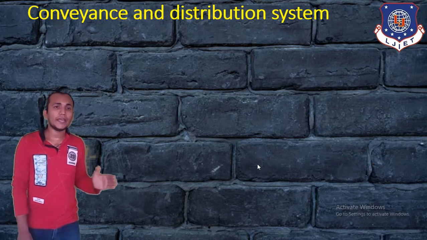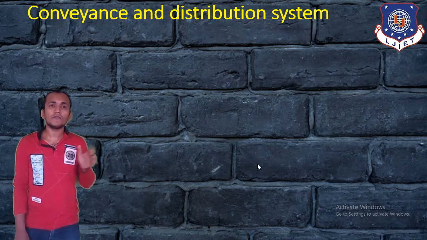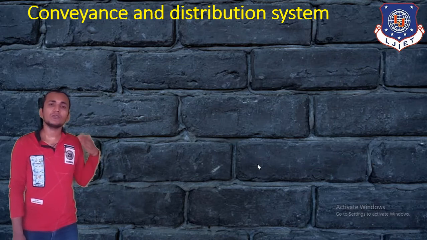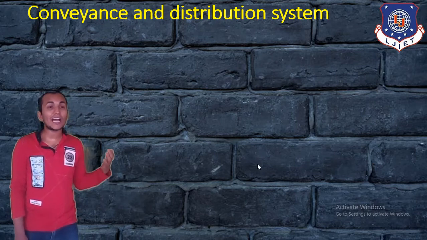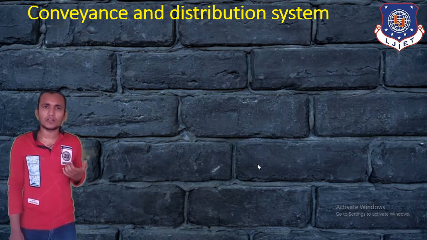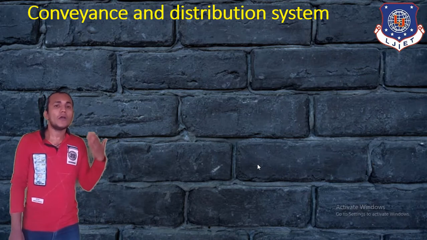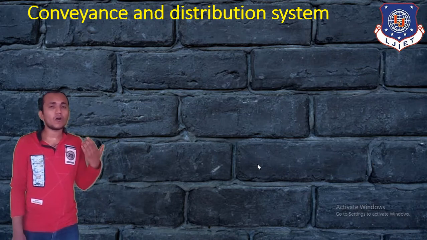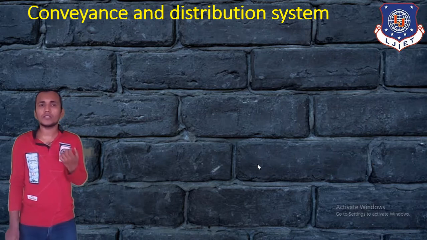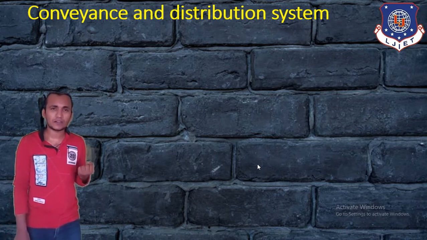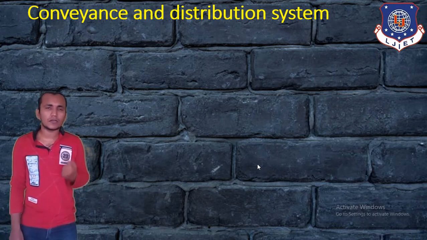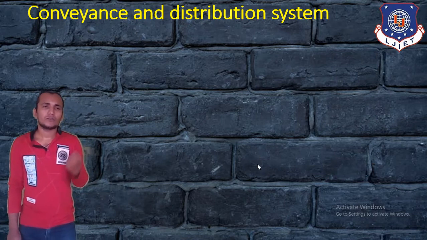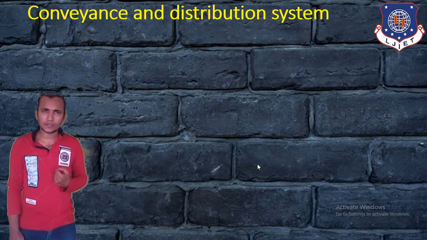So we have to manage it, which means we have to convey this water and distribute this water, and also charge the farmers for the use of water. That's why we also have measurement and control of water: how we can control the flow, how to measure the flow. That is a main important topic for irrigation management. So that is the conveyance and distribution system.